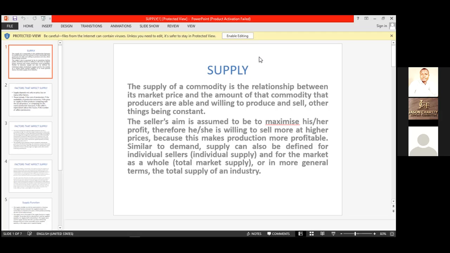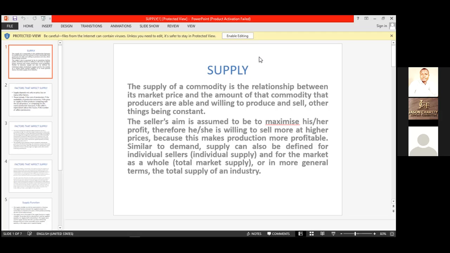If the price goes up to, let's say, 17 naira, it's better for me to produce more, because I will get enough profit on it. That's what the supplier will always aim for. You have to aim for the best price and the best satisfaction from it.